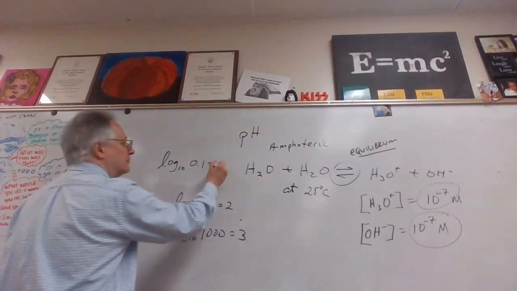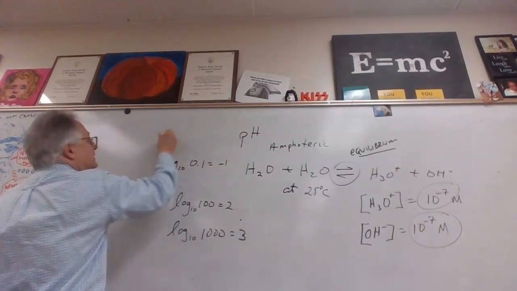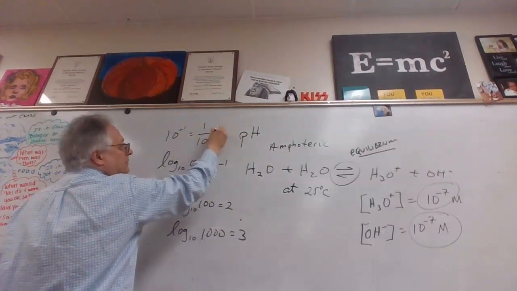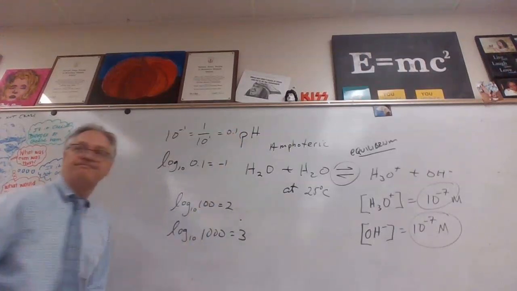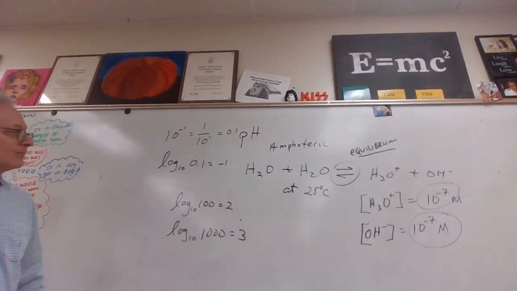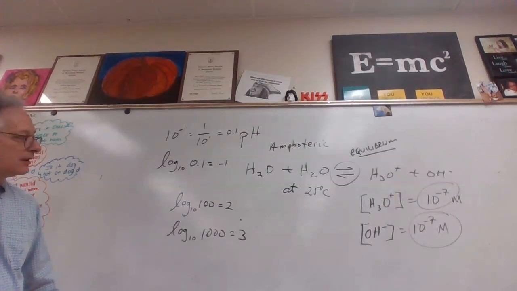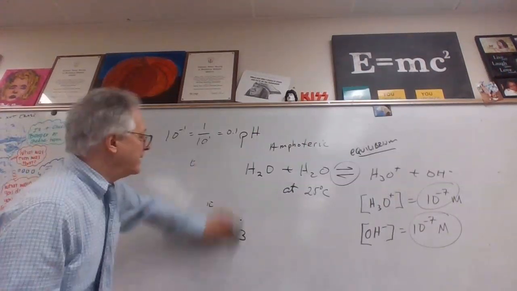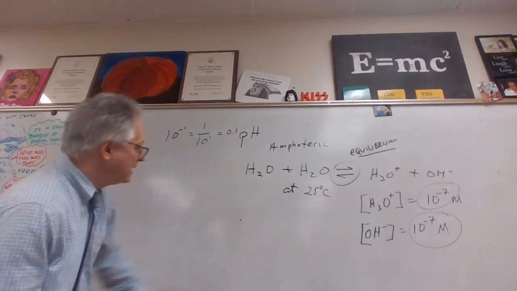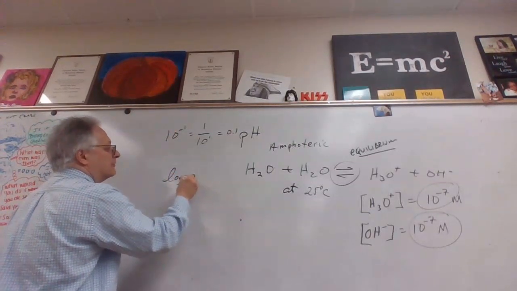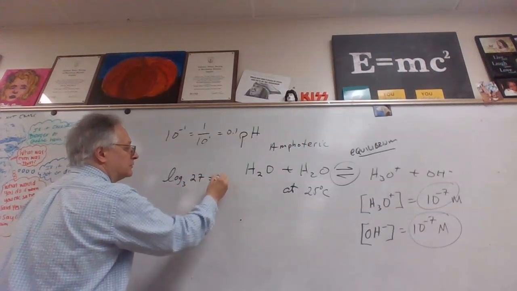Yeah, -1. Good. Good, Colonel. 10 to the -1 is equal to 1 over 10 to the 1, which is 0.1. So this idea of log is pretty simple. You could do logs of other bases as well. Like I could say log base 3 of 27 is equal to what?